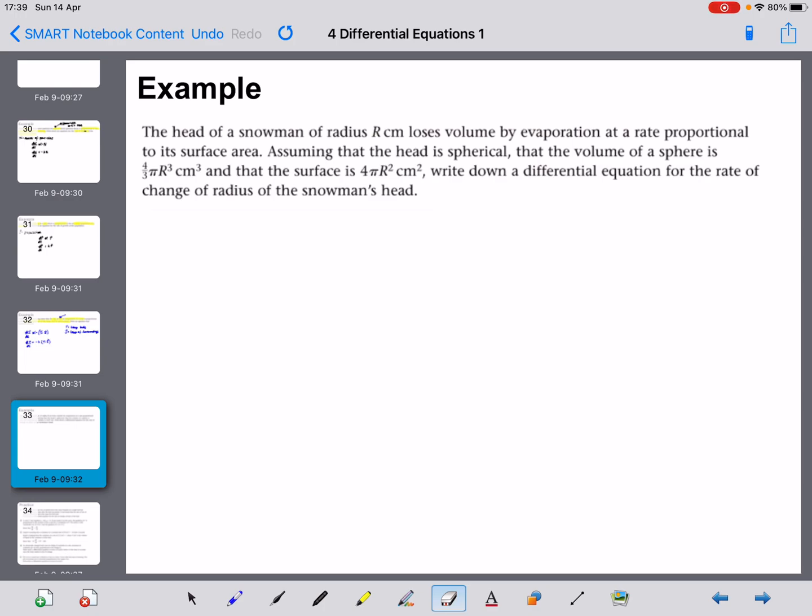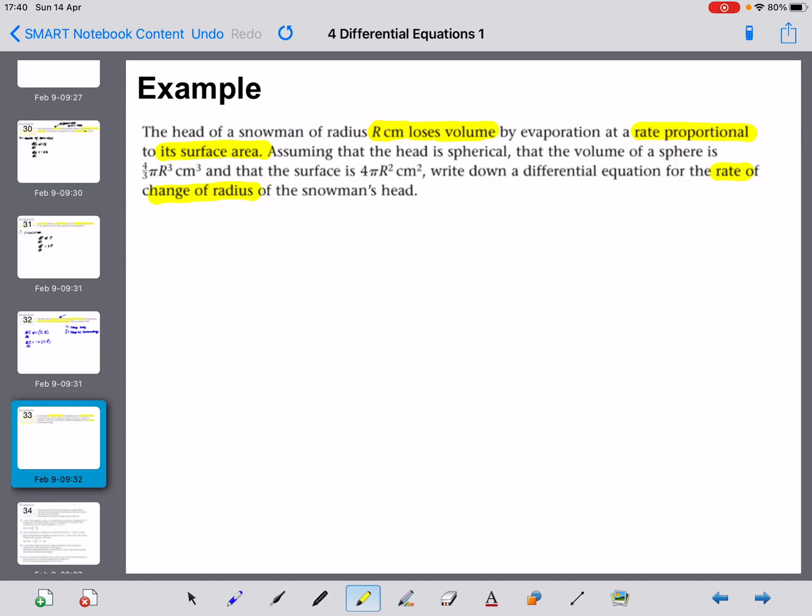The head of a snowman of radius r centimetres loses volume by evaporation at a rate proportional to its surface area. Assuming that the head is spherical, that the volume of a sphere is 4/3 pi r cubed and the surface area is 4 pi r squared, write down a differential equation for the rate of change of radius.